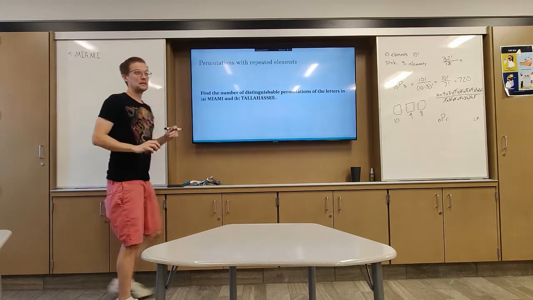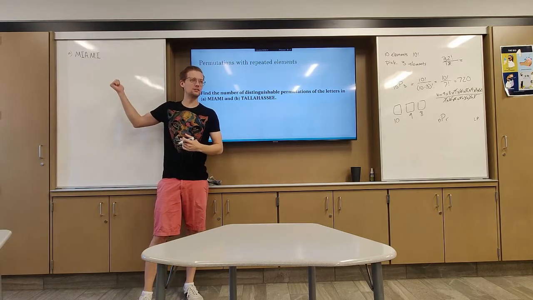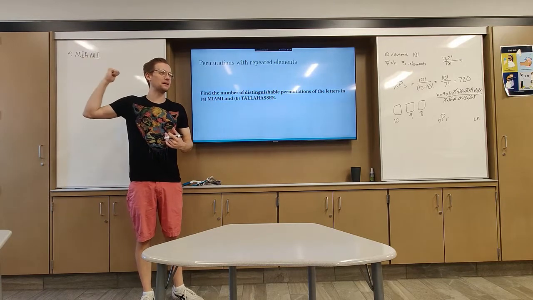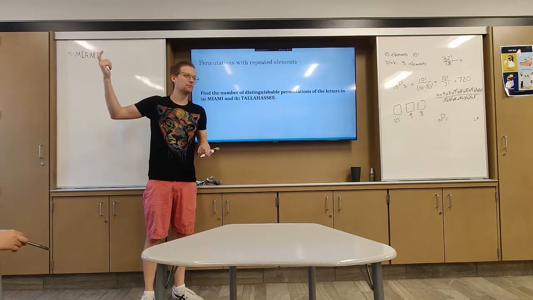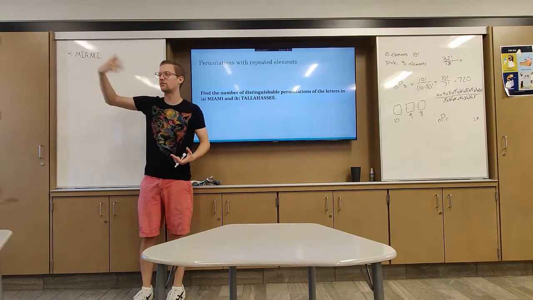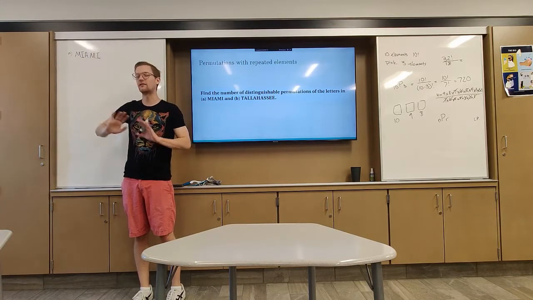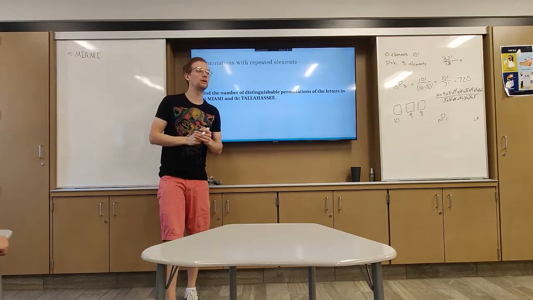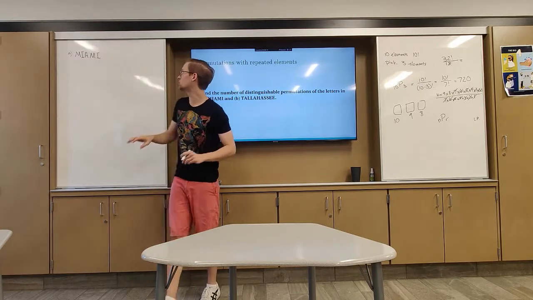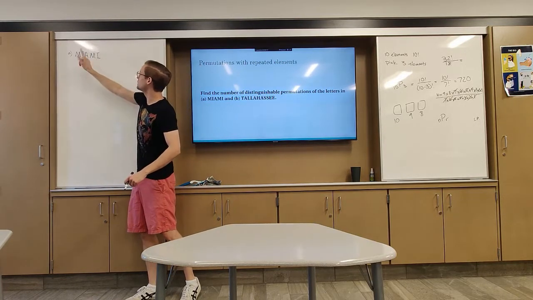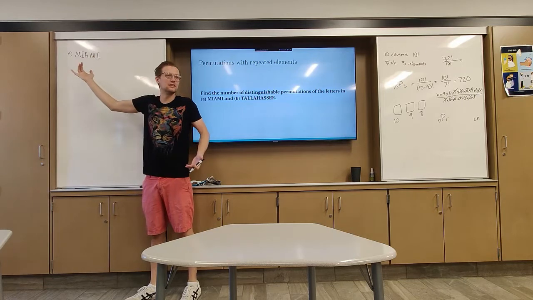Now, if I had asked you yesterday, how many permutations does Miami have? What would you have said? You just count 1, 2, 3, 4, 5, and it's 5 factorial, which would be 120 combinations. The issue is, if I grab this Miami and then I just switch these two I's, it's going to be the same word, right?